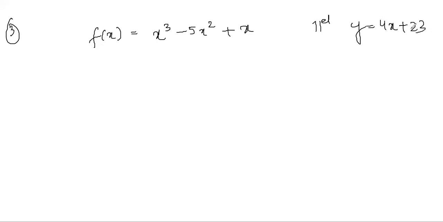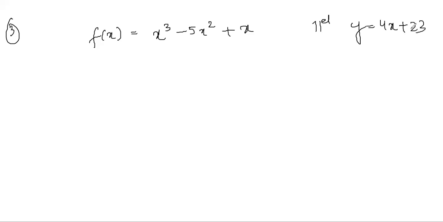Determine where, if anywhere, the tangent line to f of x, given as x cube minus 5x square plus x, is parallel to the line y is equal to 4x plus 23.